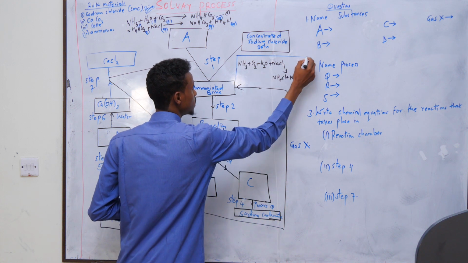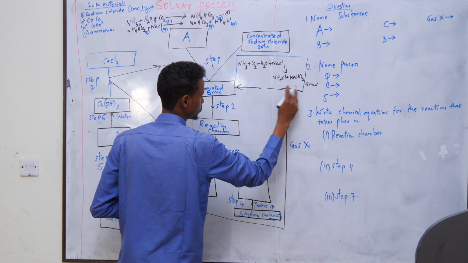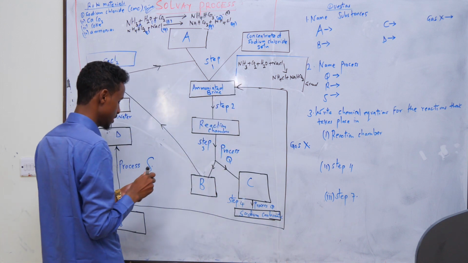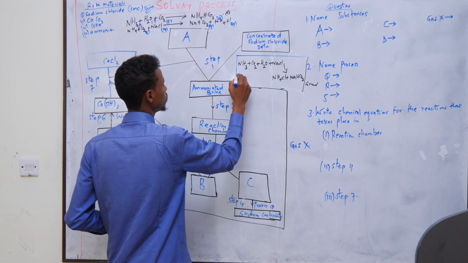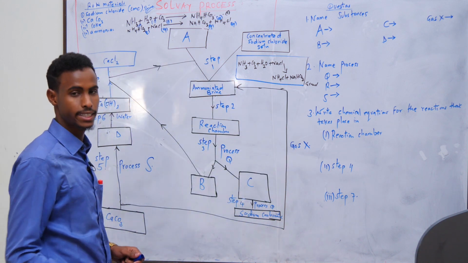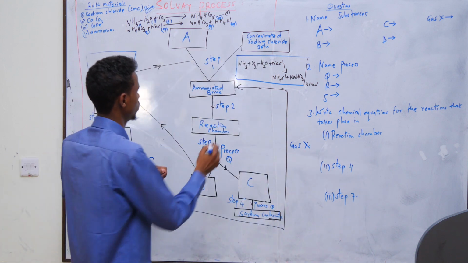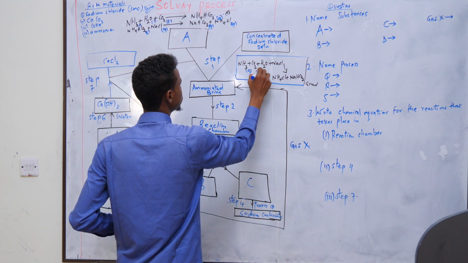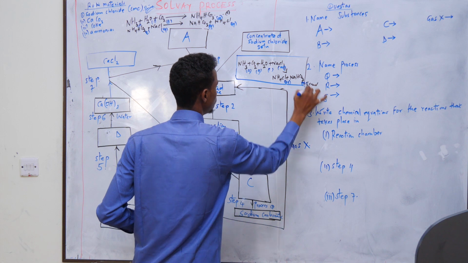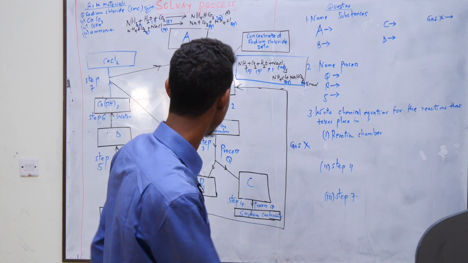This is now the general equation, summarizing the reaction taking place in the carbonator.